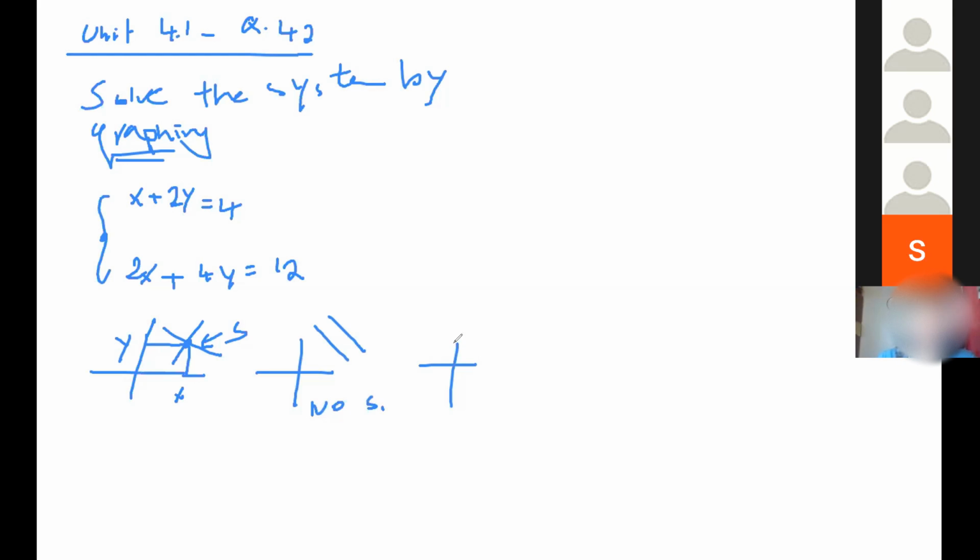Or the third case is when you draw the two lines and they overlap like this, one over the other. In this case, you have many solutions. Three possible cases. Let's see which one it is for this system. We're going to have to graph all of them.